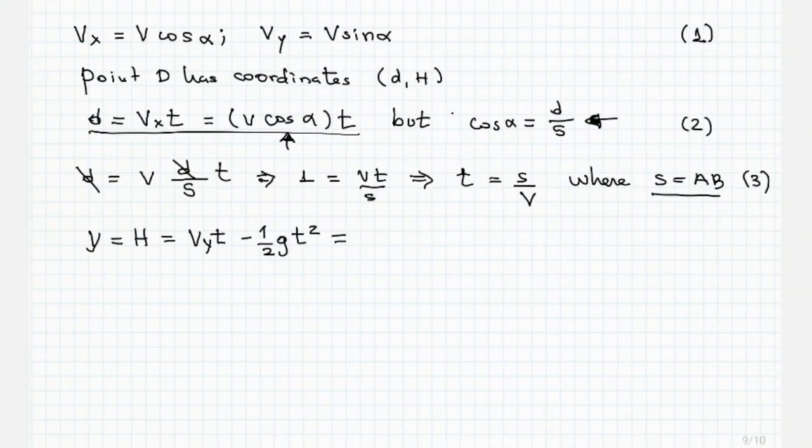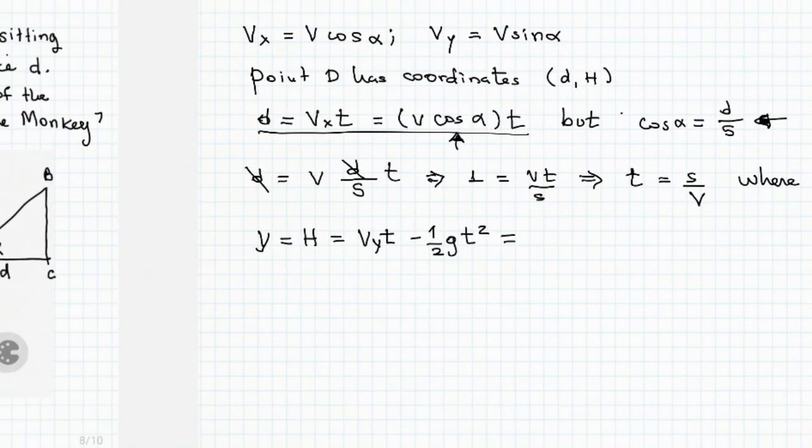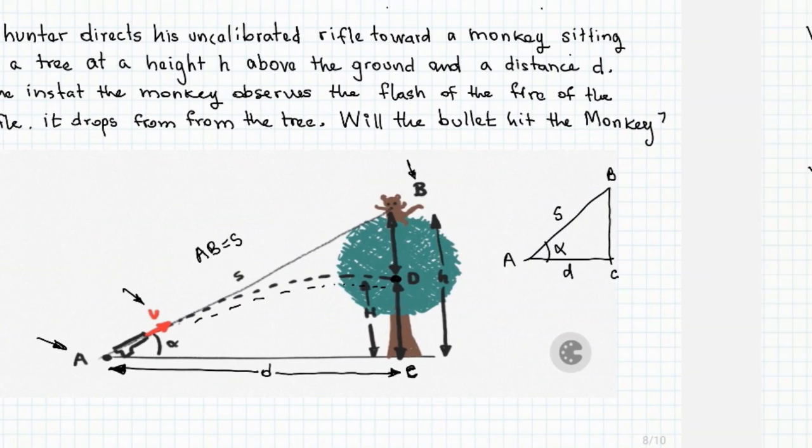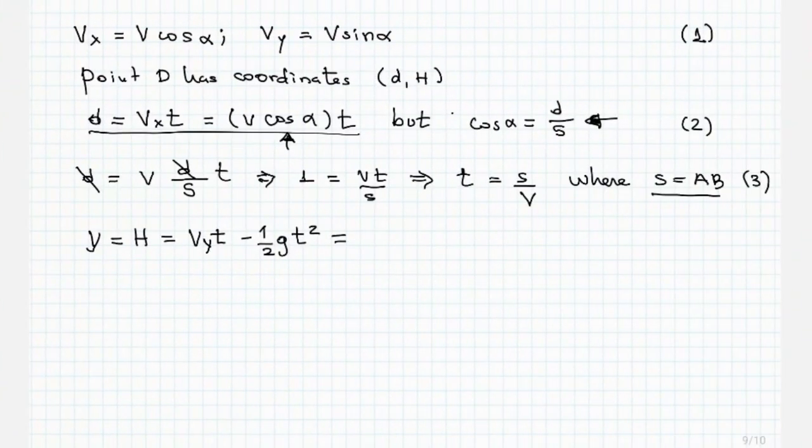We know that the component is vertical, and this is equal to V, according to equation 1, V sine of alpha multiplying the time minus 1/2 of the gravity multiplying the time square. I will call this equation number 4.